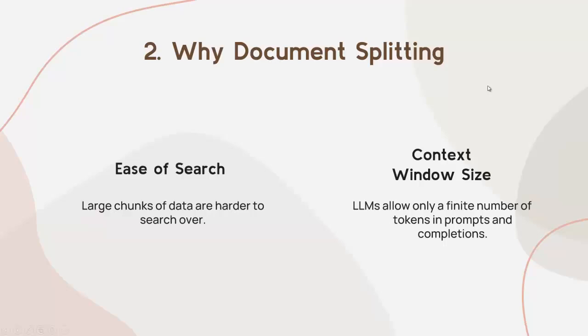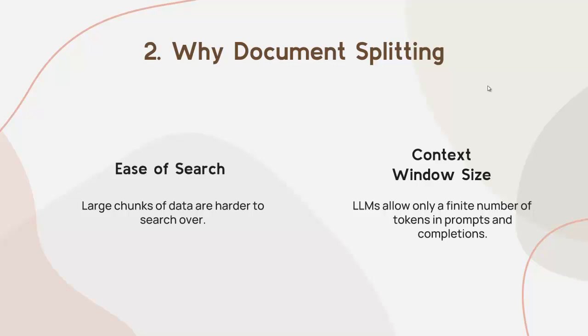Next is document splitting. But the question arises on why we need to split documents. There are two reasons: ease of search and context window size. Now, large chunks of data are quite hard for the LLMs to search over, for the retriever to search, compared to smaller chunks. And the second is the context window size.